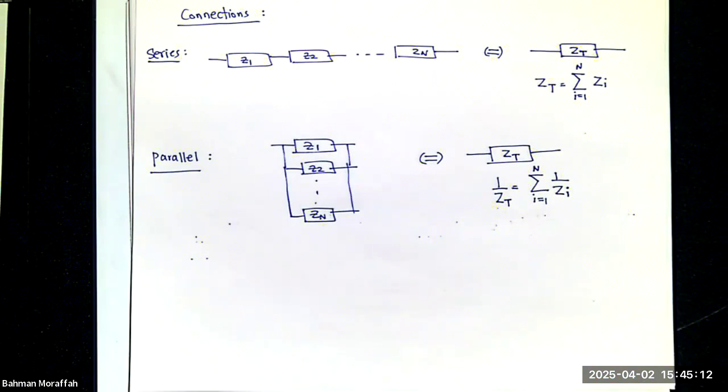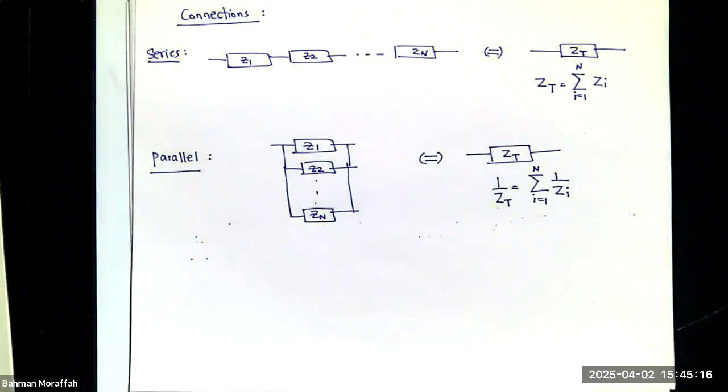So the bottom line here is that as soon as I go from the time domain to the frequency domain, I can treat all my elements as a resistor. If you recall, when we were talking about RLC circuits, for example, I said if I have R, L, and C, I cannot combine them. So I had to write the differential equation to be able to solve it.